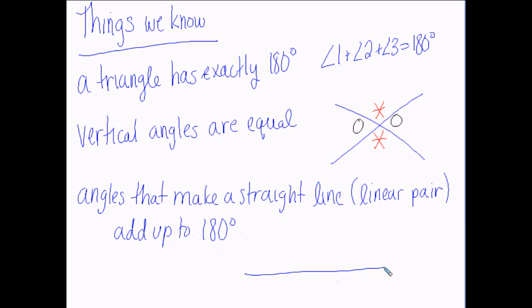Okay, so if I have a straight line and I have two angles, this is angle 1 and that is angle 2.